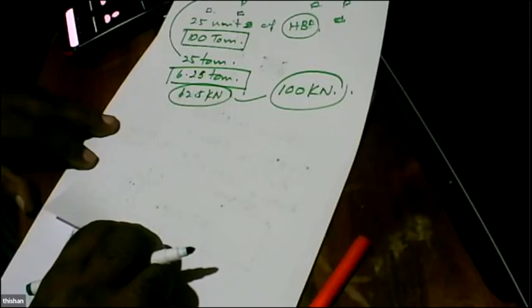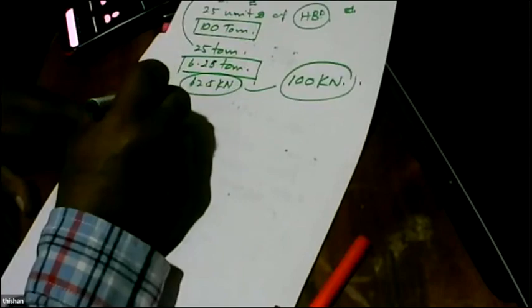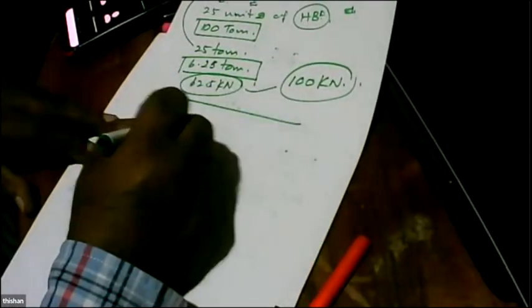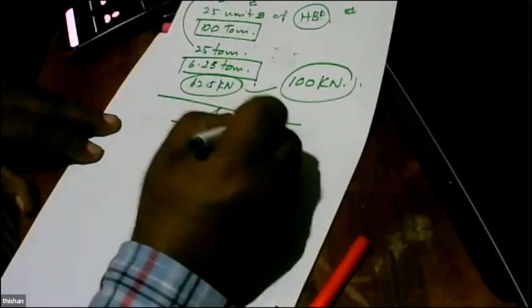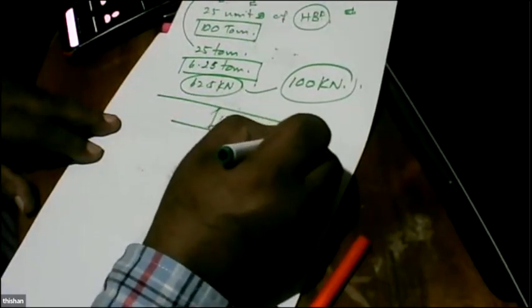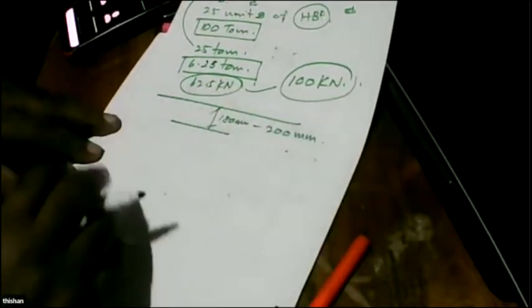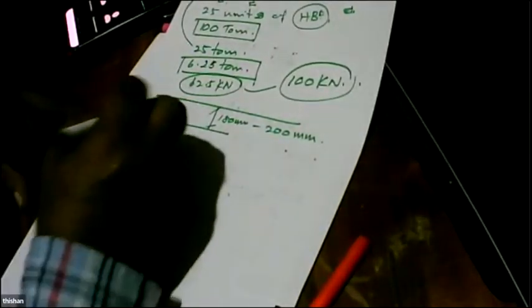So this way we can make sure that the top slab has a thickness of 180 millimeters, going up to 200 millimeters, depending on the kind of control you have.